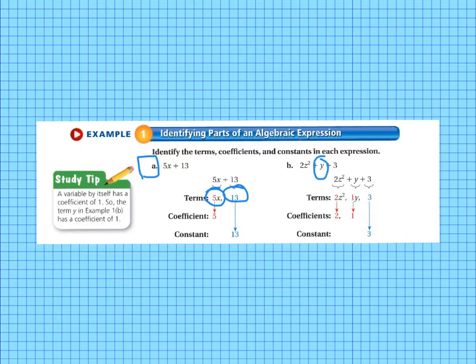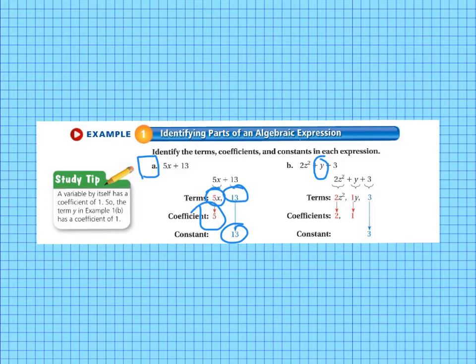A coefficient is the number that sits in front of a variable, is the simple way to put it. You have the official definition written down in your words worth knowing. So 5 would be the coefficient. And a constant is a number that doesn't have a variable next to it. So 13 would be the constant.